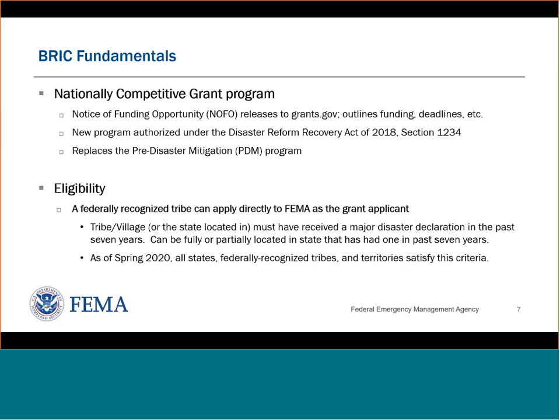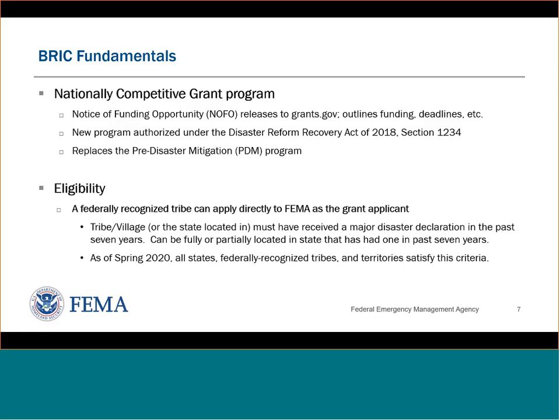So the eligibility. We're kind of unique here in that a federally recognized tribe can apply to FEMA as the grant applicant or the sub-grant applicant. So through a state as a sub-grantee or through a direct relationship with FEMA as the grant applicant. To be eligible as a direct applicant, the tribe or village or the state they're located in must have received a major disaster declaration within the past 7 years.